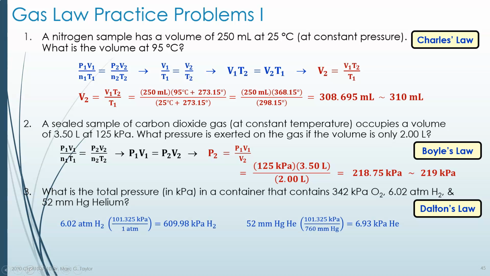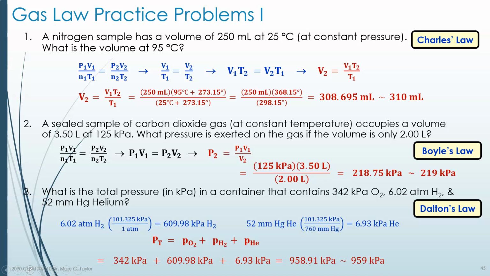Now we just simply use Dalton's law to add the 3 partial pressures together of the oxygen, the hydrogen, and the helium. And now we're just summing these numbers up. And in the end, since this is an addition, our lowest quality number is the 342 kilopascals of oxygen.